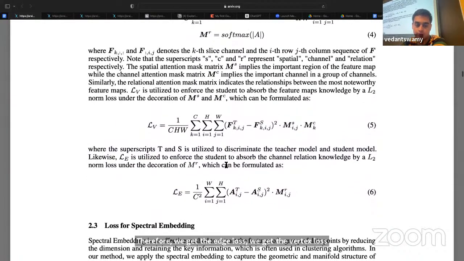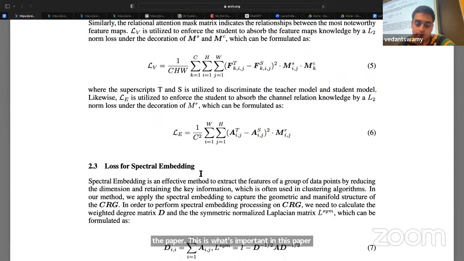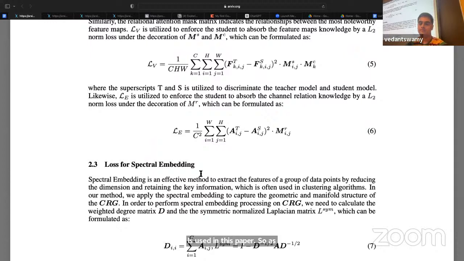Now, after these two losses, this is the important part of the paper. This is what's important in this paper, because spectral embedding is used in this paper. As I was saying, spectral embedding is a form of dimensionality reduction, so that the high dimensional data can be clustered together.